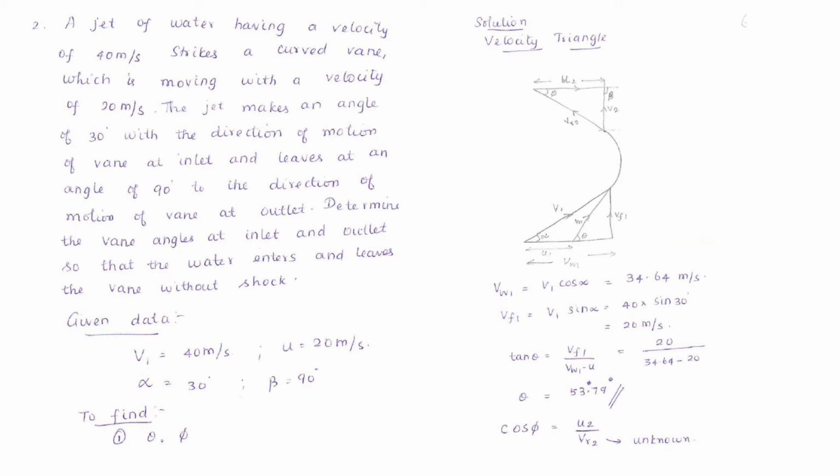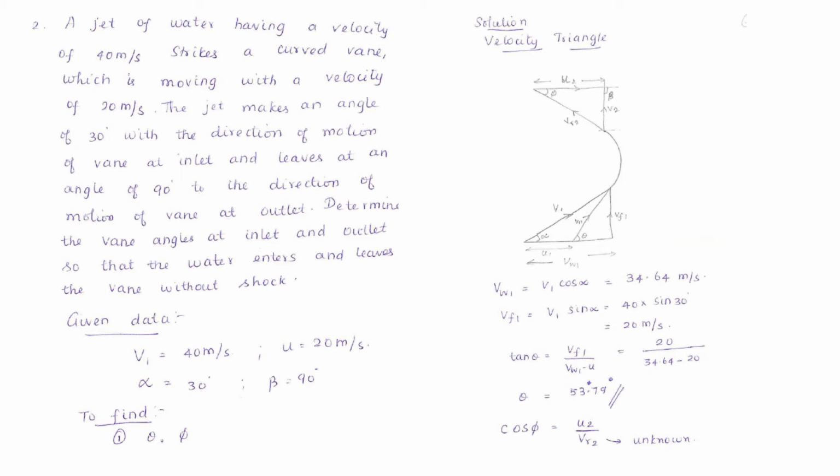By observing this velocity triangle, you can write down the formula for the vane angles theta and phi. Clear? So here, what is the formula for finding the vane angle theta? Tan theta is equal to Vf1 divided by Vw1 minus u1. Here, what are the unknown values? Vw1 is an unknown value, Vf1 is an unknown value. First, we have to find those out.